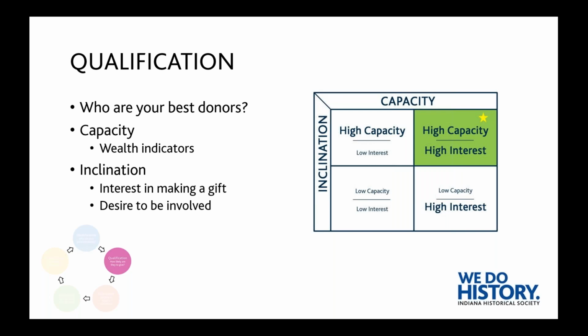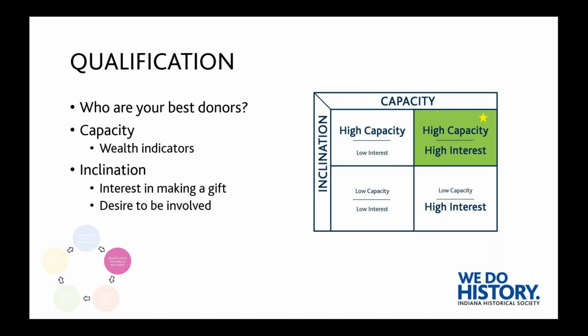Wealth indicators might include family wealth, whether the family is continuously given to different causes, real estate, political giving. These are going to give more context to their philanthropic capacity. And you know your community. You know who does and does not have philanthropic interests or the ability to make money or make gifts.